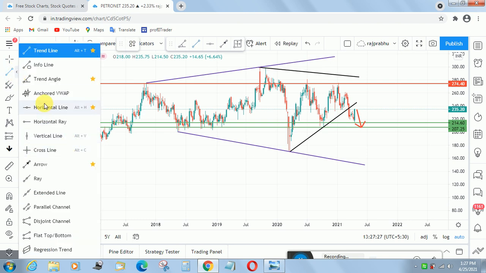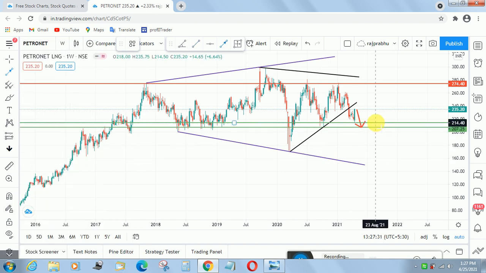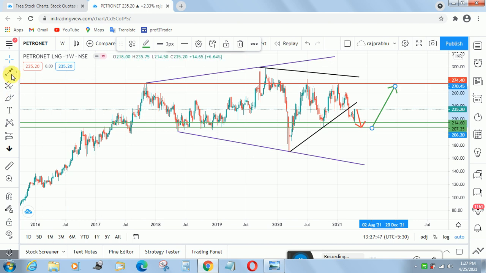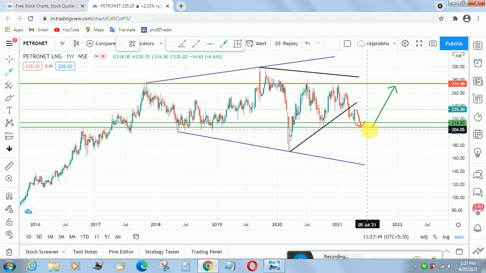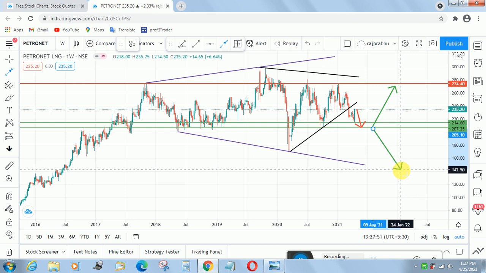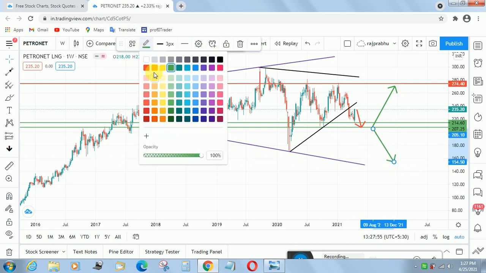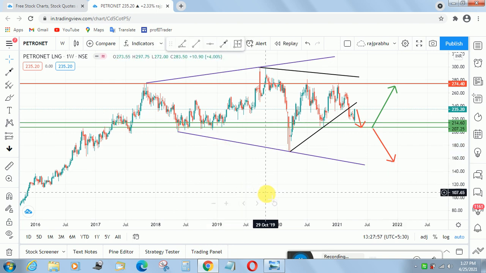But this area, see this area, we have two chances. One is it touches and reverses, or it will continue the downtrend.